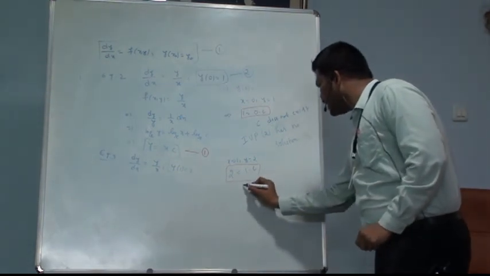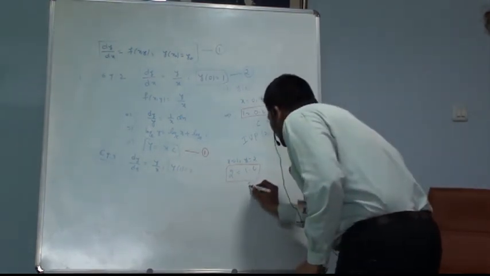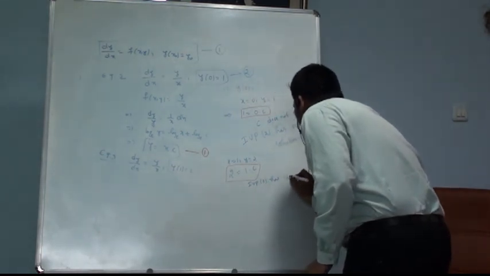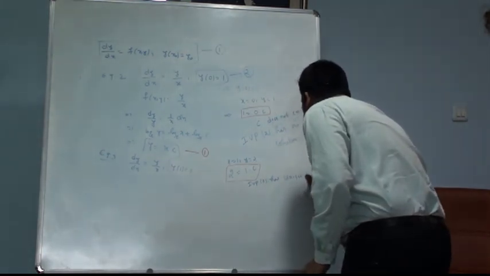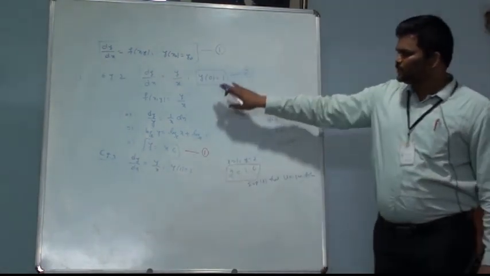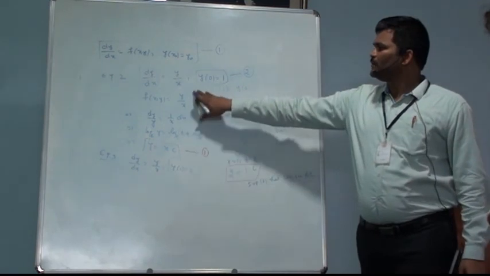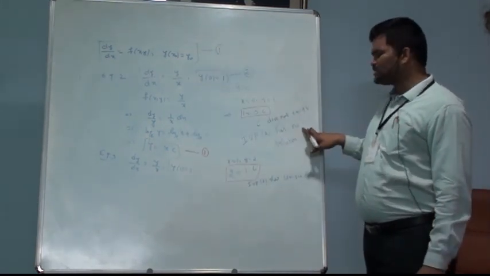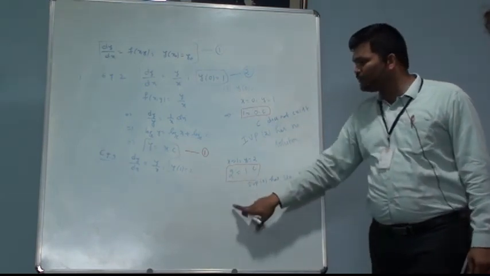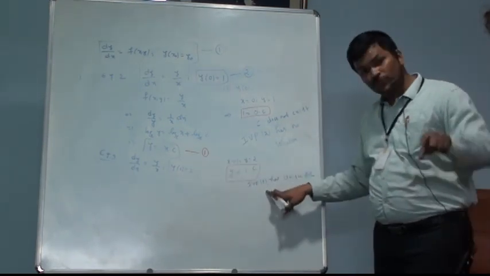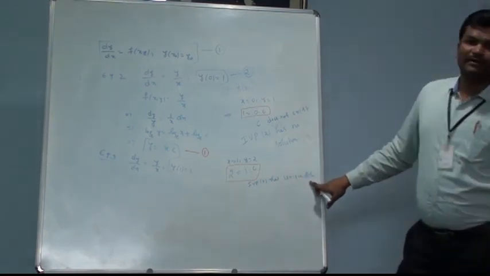So, therefore, IVP 3 has a unique solution. Please understand the difference between example 2 and example 3. In example 2, by taking this initial condition, the system has no solution. But in example 3, by taking this initial condition, the system has a solution, that too a unique solution.